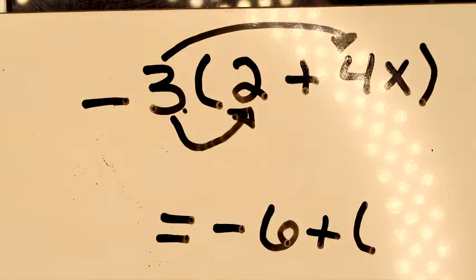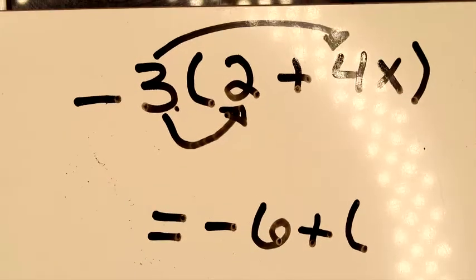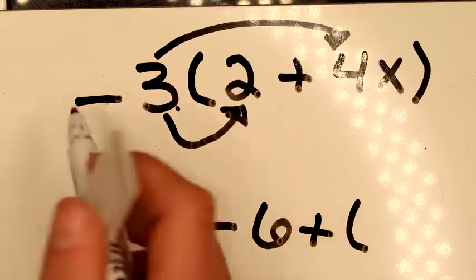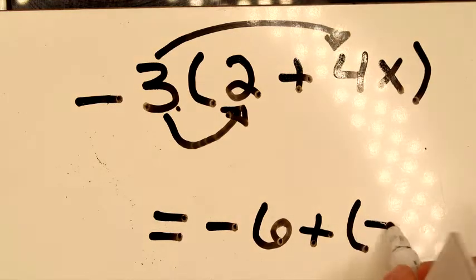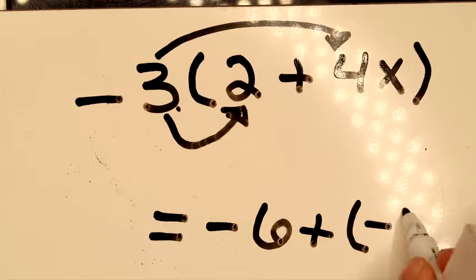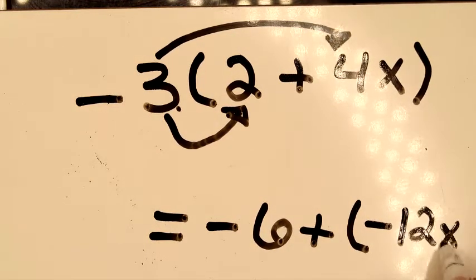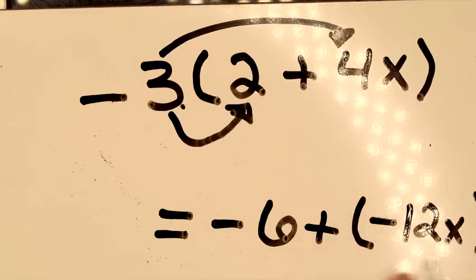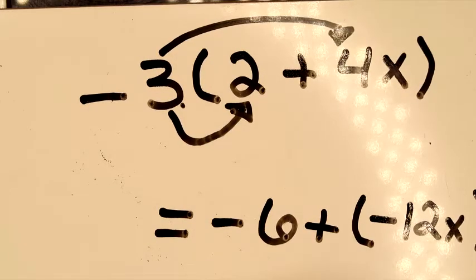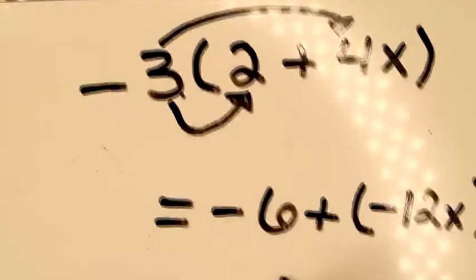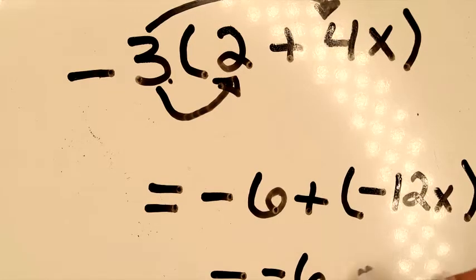What is that? Well, 3 times 4 is 12, but we are going to keep this negative and make it -12x. Now we can just do away with these parentheses and keep it like this. The answer: -6 minus 12x.